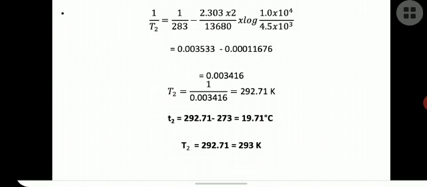It is equal to 292.71 minus 273. It becomes 19.71 degree Celsius. Therefore, t2 is equal to 19.71 degree Celsius and capital T2 is approximately 293 degree Kelvin.